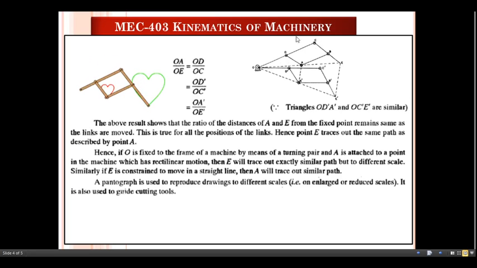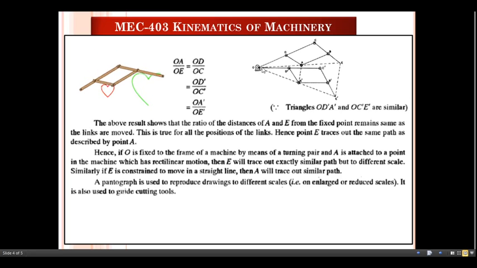So for the initial position of all the links, and when they are displaced to another position, OD by OC becomes OD dash divided by OC dash, and similarly OA dash divided by OE dash.